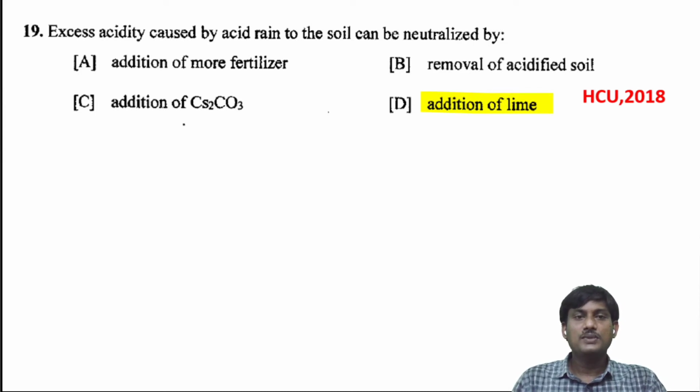Excess acidity caused by acid rain to the soil can be neutralized by, the acid can be neutralized by a base. So the options are addition of more fertilizer, removal of acidified soil. Okay, it's very difficult. Addition of cesium carbonate, this one is also a base, but cesium is not useful for the growth of plants.